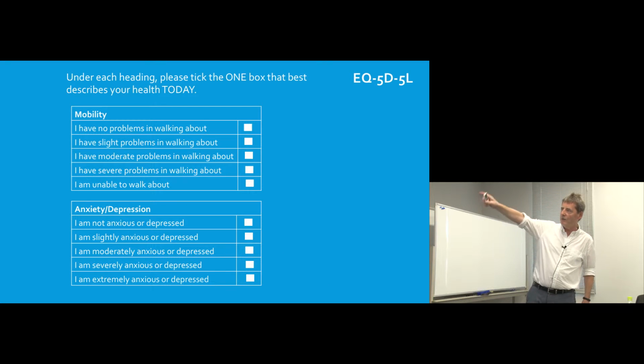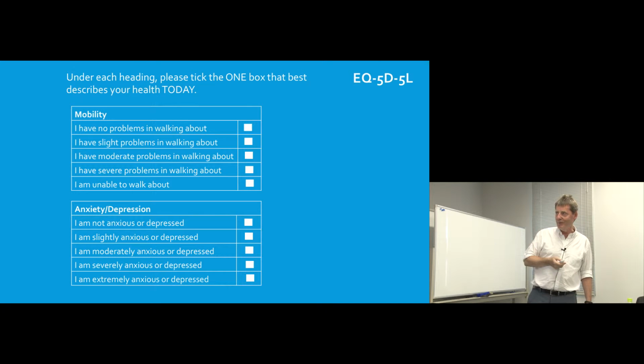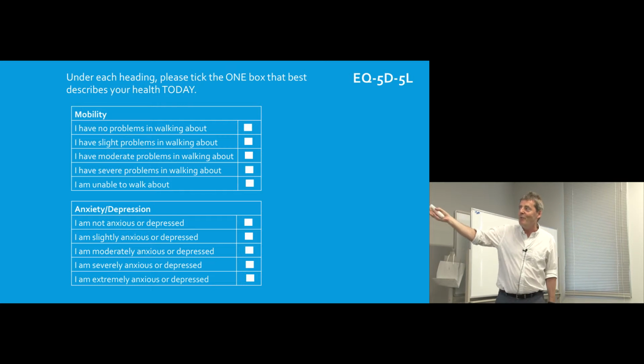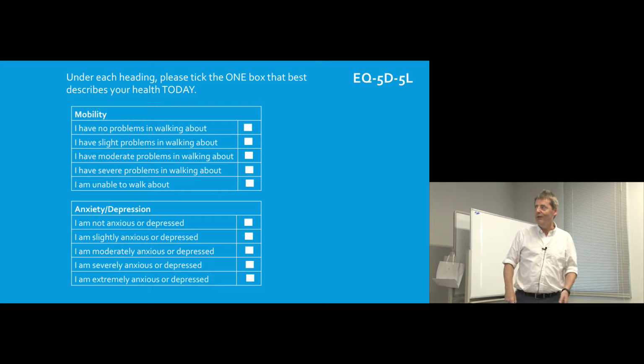The 5L, well, obviously it's got 5 dimensions. I've just reproduced the mobility dimension and anxiety and depression here. So mobility, I think, is quite clear. We've got a potentially better measure here now. No problems walking about, slight problems, moderate, severe problems, I'm unable to walk about.